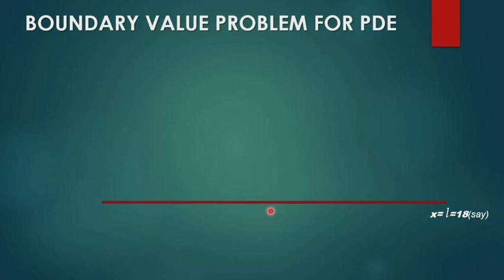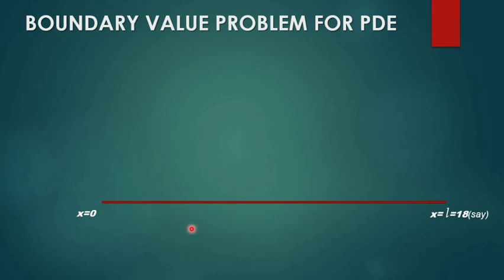Suppose the rod, or this interval of length of x, is divided into some discrete values. For example, if we divide this interval into 6 subintervals, then we will have x varying from 0 to 18, and when you divide 18 by 6, you will have the increment for x as h equal to 3.